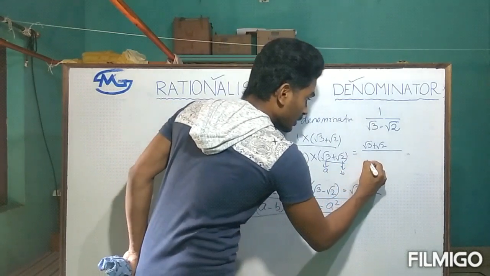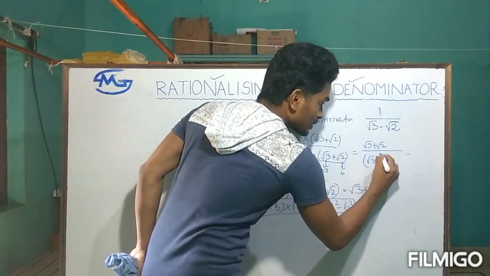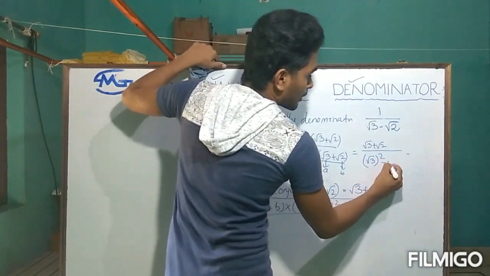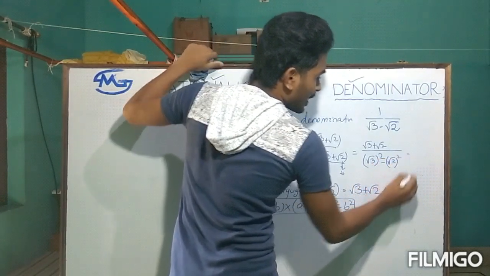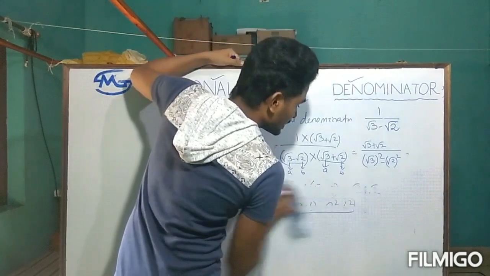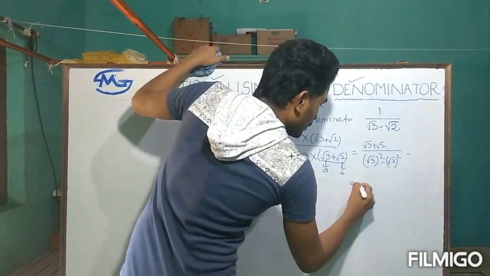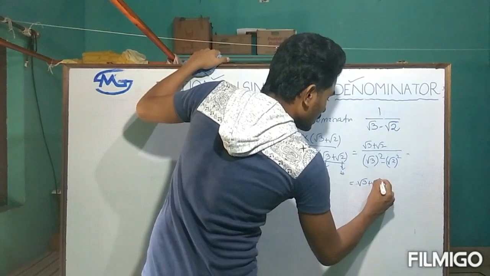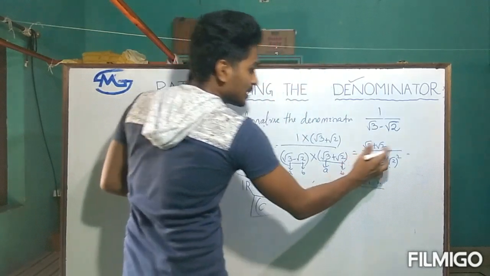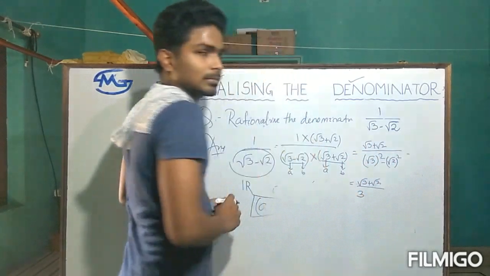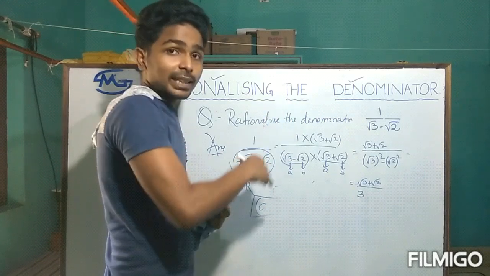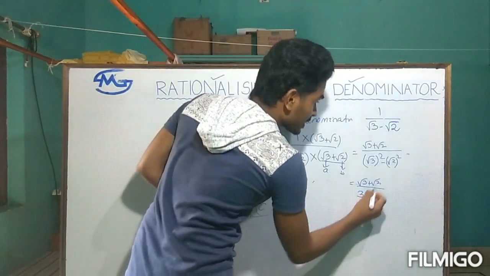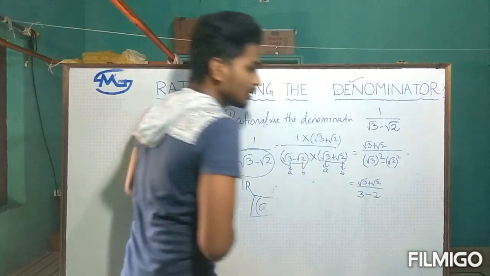Here A is root 3. So A square minus B square. Understood? Then the numerator will be the same, root 3 plus root 2, divided by root 3 square, which is 3. It is not 9. Root 3 square is 3, but 3 square is 9. Minus root 2 square, which is 2.